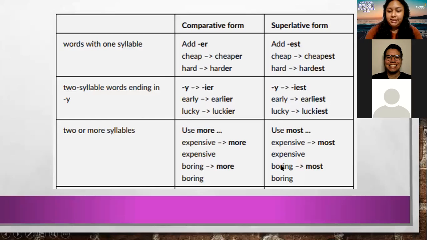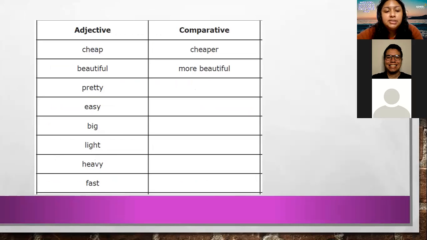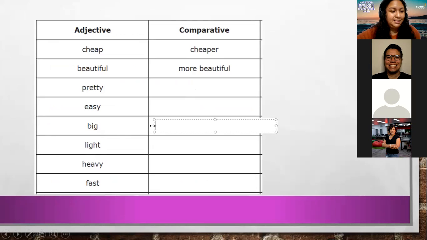Okay, so let's see. Okay, so we were going down to big. Big is only one syllable, big. So what do I do here? Bigger. Exactly. I'm gonna say bigger for the comparative form. Notice how I doubled the last consonant because I'm respecting the hamburger rule.